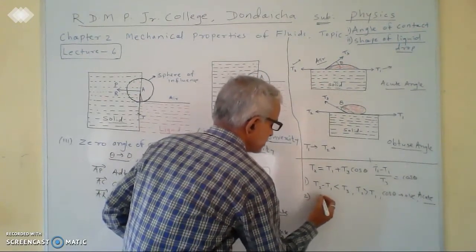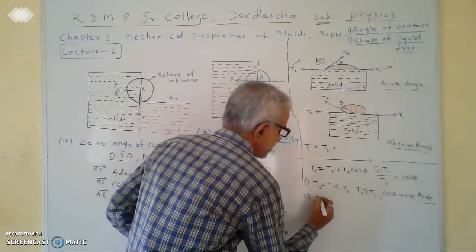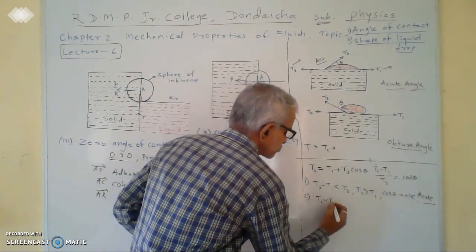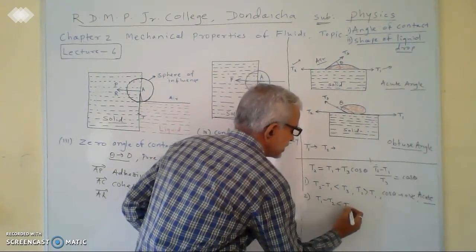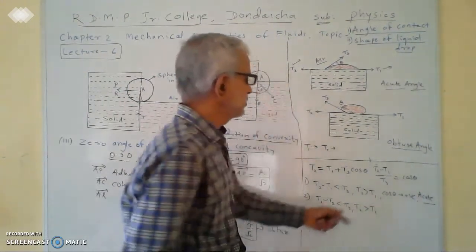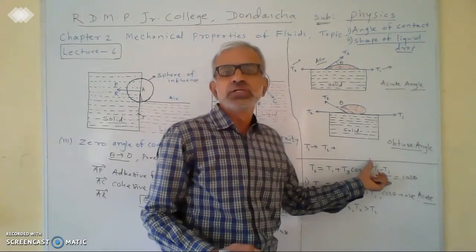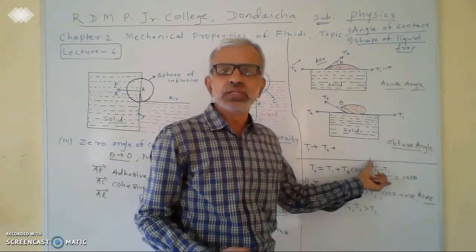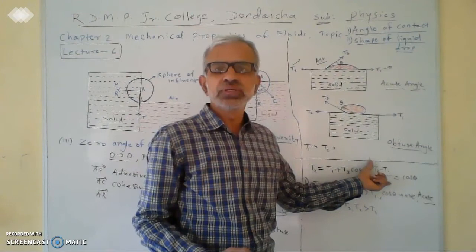नंतर सेकंड केस, when T1 minus T2 is less than T3 but T1 is greater than T2. म्हणजे समजा या फॉर्म्युल्यामध्ये T1 greater than T2 असेल तर याची जी किंमत असेल ती निगेटिव्ह राहील.